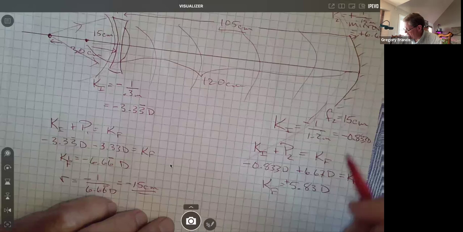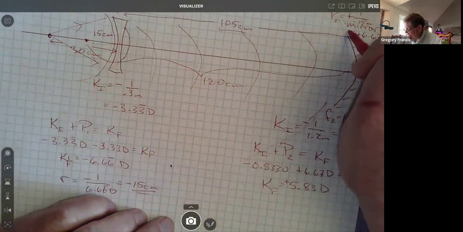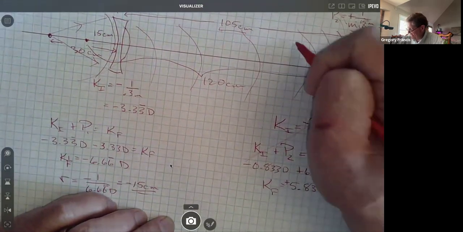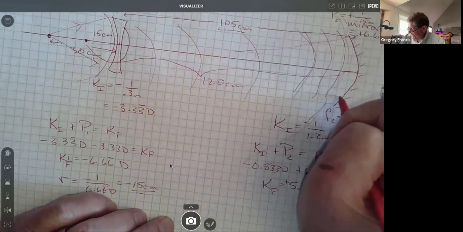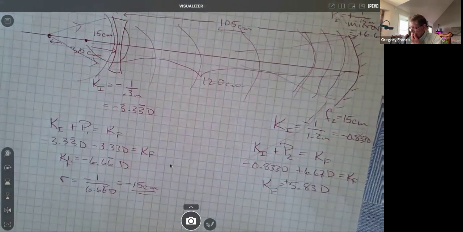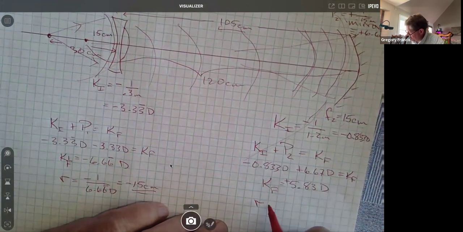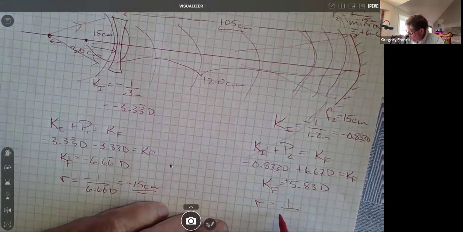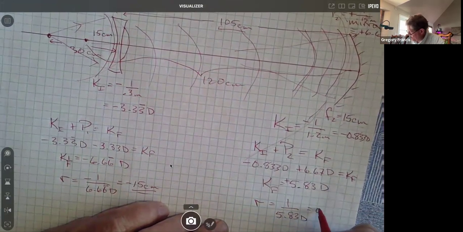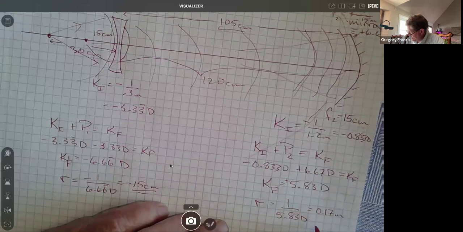Okay, now because that's positive, the light is going to bounce back, converging. Okay, well, where's it going to converge? Well, let's do the math. The radius of that circle is going to be 1 over 5.83 diopters, and that's going to be 0.17 meters or 17 centimeters.